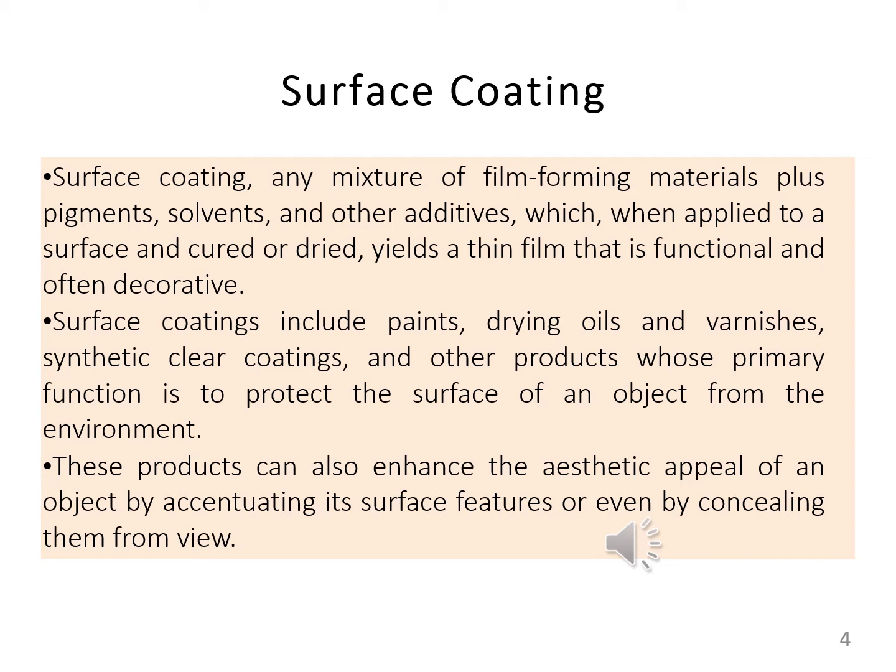What is the prime function of these materials? The prime function of this material is to protect the surface of an object from the environment. So, these materials provide the surface protection and they protect the surface of an object from the environmental conditions.